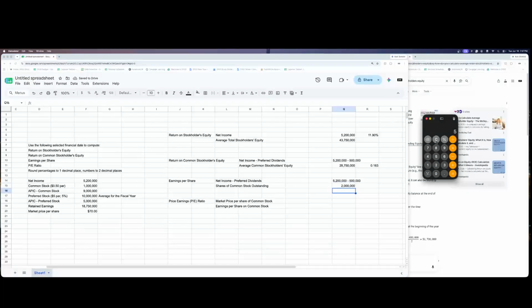So 5,200,000 minus 500,000 divided by 2 million. 2.35 is the earnings per share.